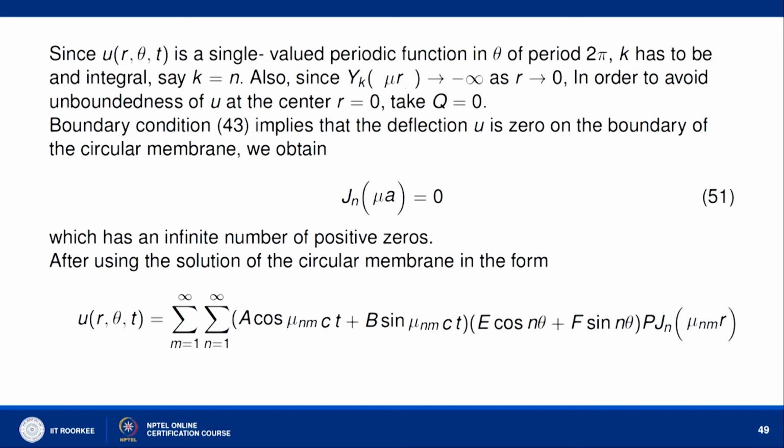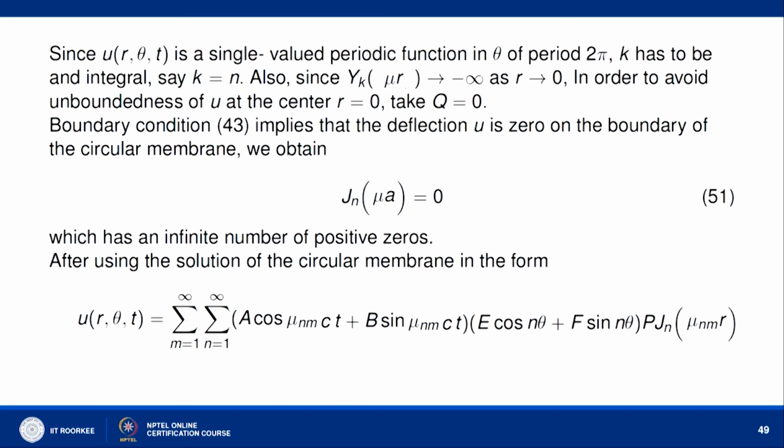Using all this information, the solution of the circular membrane is given as u(r, theta, t) equal to a sum over m equal to 1 to infinity, n equal to 1 to infinity. Here mu_nm represents the zeros of J_n. Let us say the zeros of J_n are mu_11, mu_12 and so on; we denote these zeros of J_n as mu_nm.